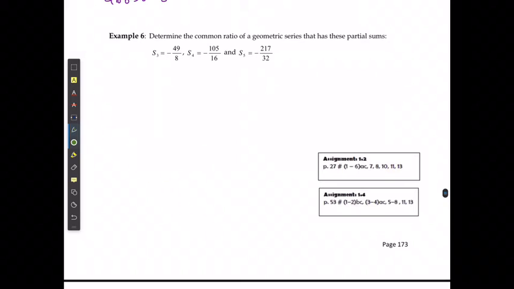For example 6, it asks us to determine the common ratio of a geometric series that has these partial sums. Well, if the sum of the first 3 is going to be this, the sum of the first 4 is going to be this, and the sum of the first 5 is going to be this.